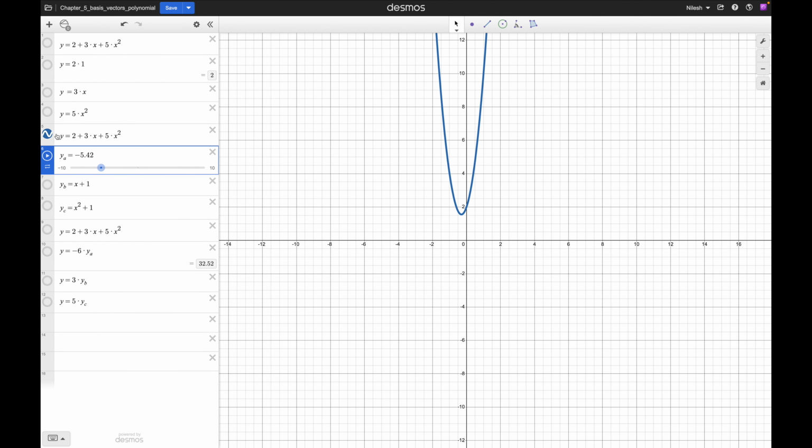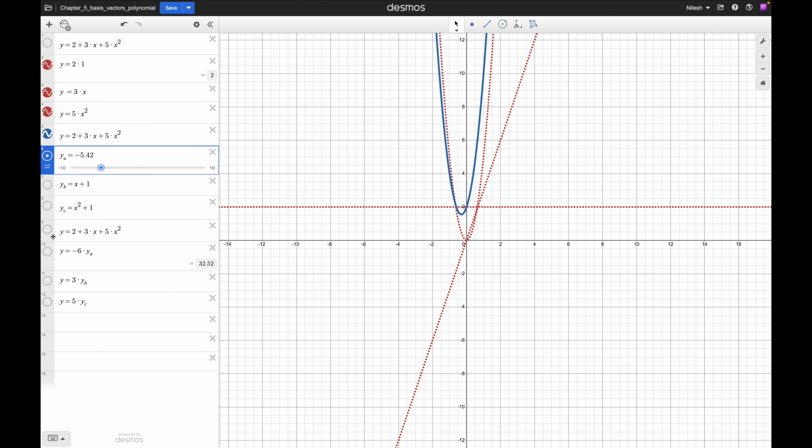Now let's look at the plot, and here we see that that's the polynomial we are trying to create, and earlier we saw the polynomial basis vectors that, along with those coefficients, had to be used to get to that polynomial in blue.